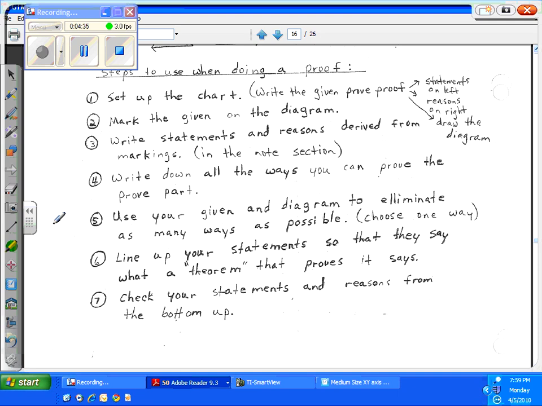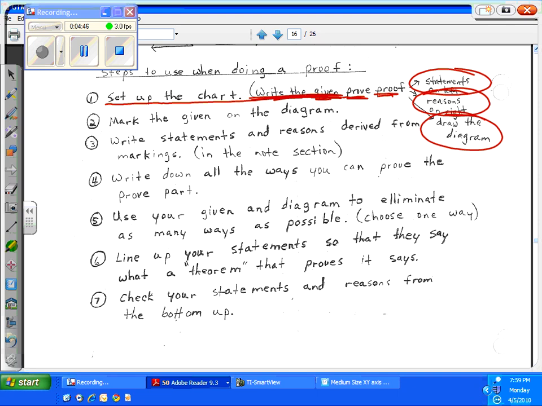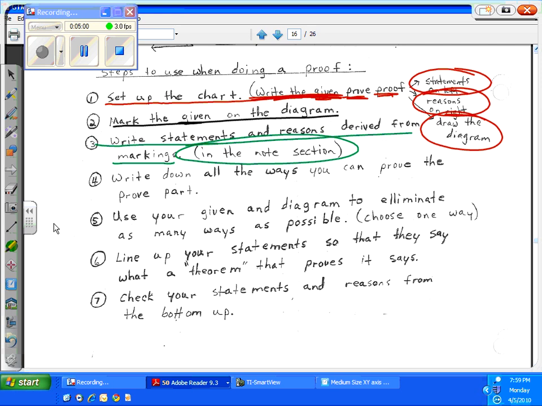Now here's the jingle. It says set up the chart, but what it's going to sound like is write the given, prove, proof, put the statements on the left, reasons on the right, and draw the diagram. That's just getting set up. We're going to take what we are given, and mark it on the diagram, and write statements and reasons derived from the markings in a note section.